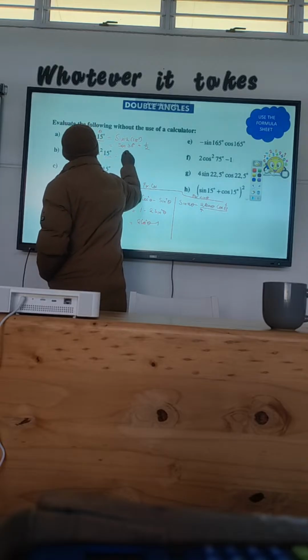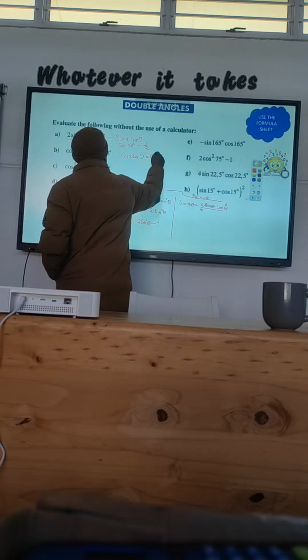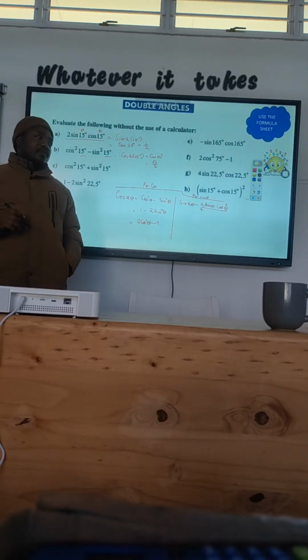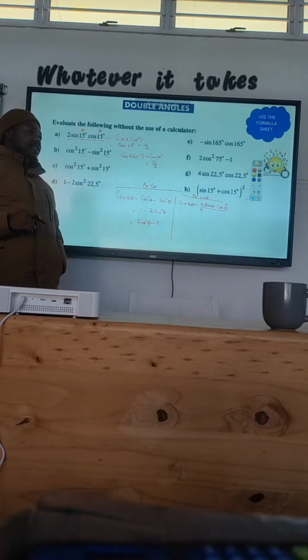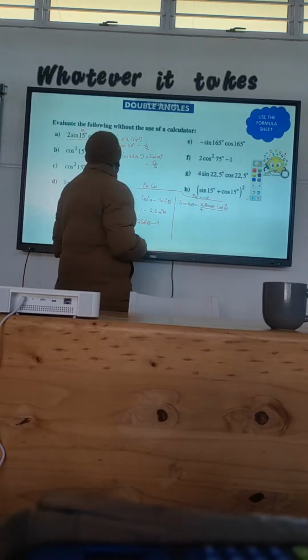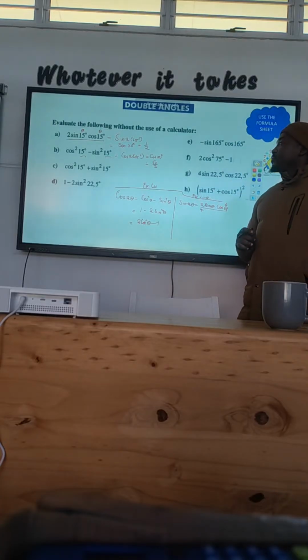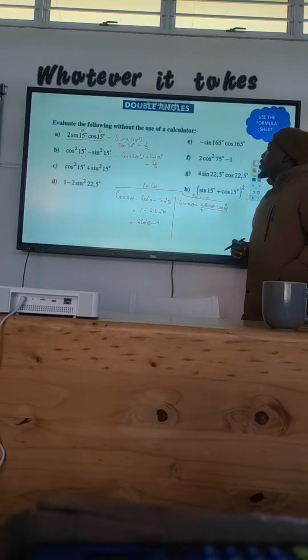So this will be a cos of 2 multiplied by 15, and this will be a cos of 30, which is the same as square root of 3 over 2. Special angle. We fine? Yes. Okay.